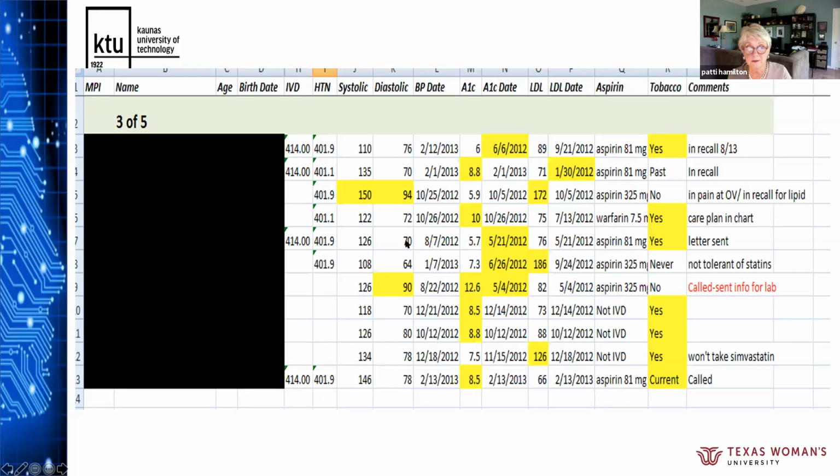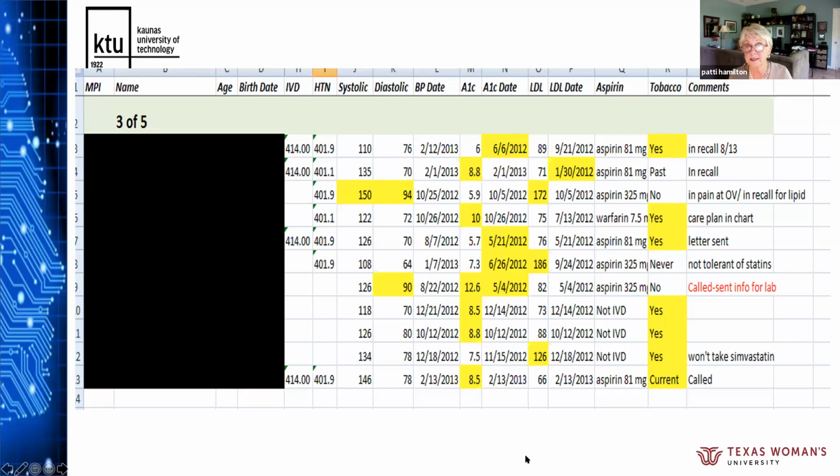You can see, blood pressure was a way that they targeted some patients. A1C rates were another way, when they had had their last A1C drawn. Here's someone that was late on getting an LDL lab work done. And these are the people who used tobacco, and so that warranted special care and closer attention.